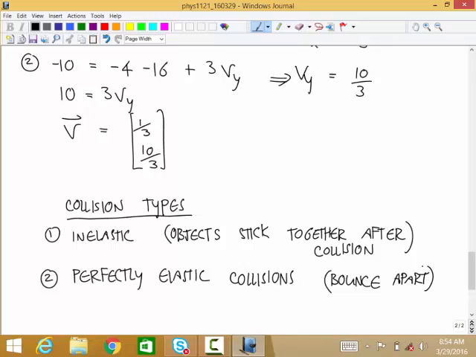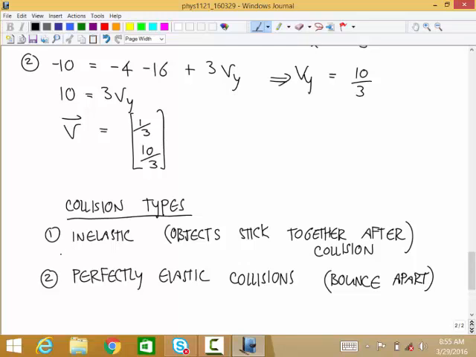So out of all the collisions that happen in the universe, what percentage of them would you guess fall into these two categories? 0, right? But these are useful because a lot of collisions are close to these, and you can get reasonable results by treating them this way.